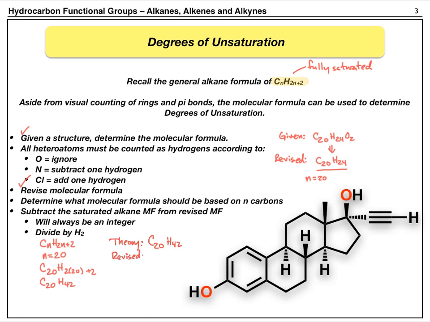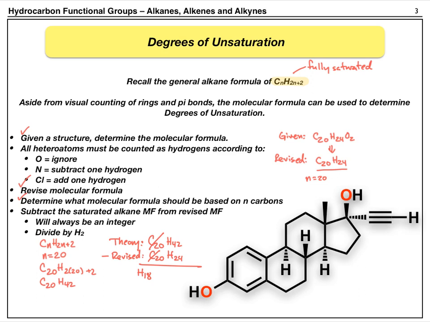We have C20H24. And so we're going to do just a bit of math. The carbons we're going to subtract out, and at this point, we're left with H18. So what we've done is subtract the saturated alkane molecular formula from the revised. The number will always be an integer.